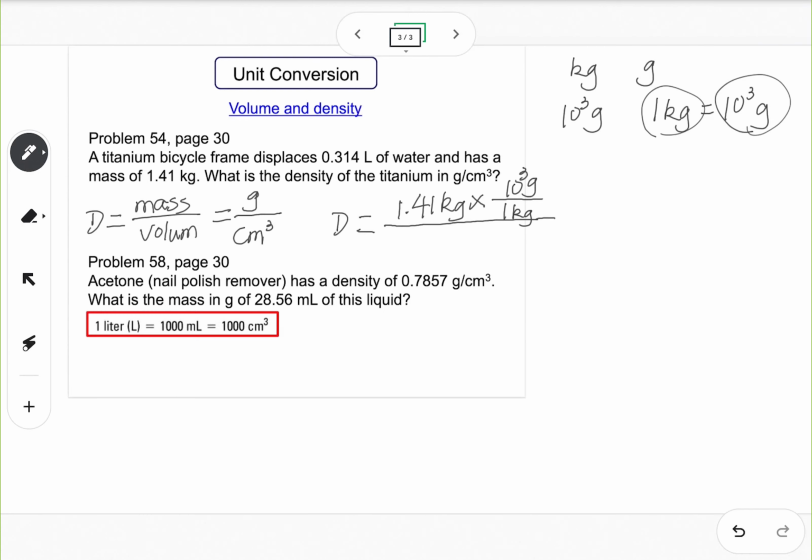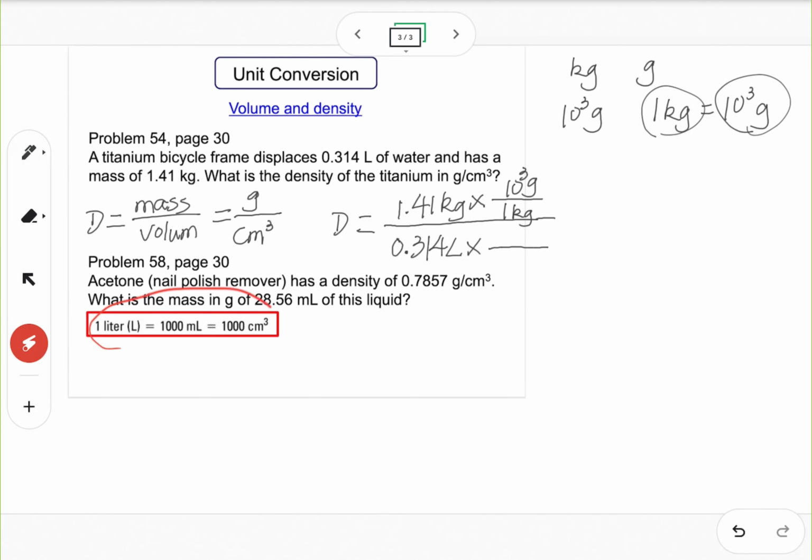How about the volume? We are given the unit as liter, 0.314 liter, and what's the unit conversion factor between liter and cubic centimeter?